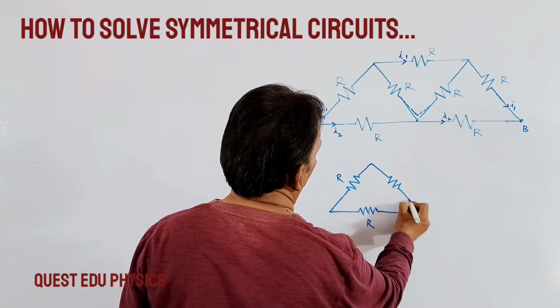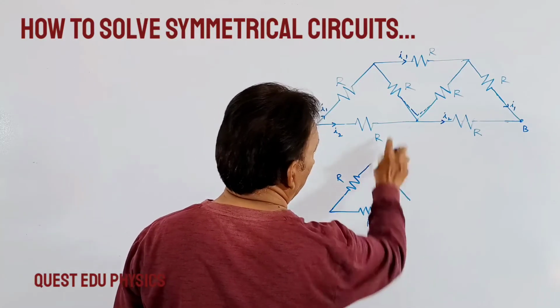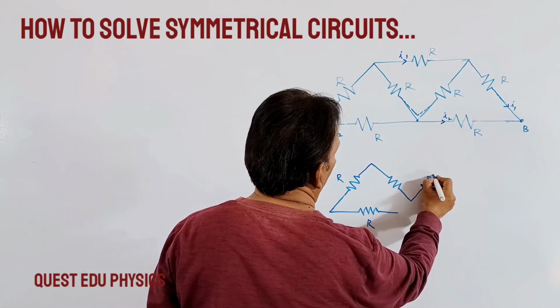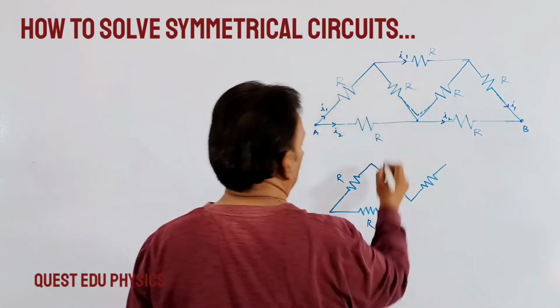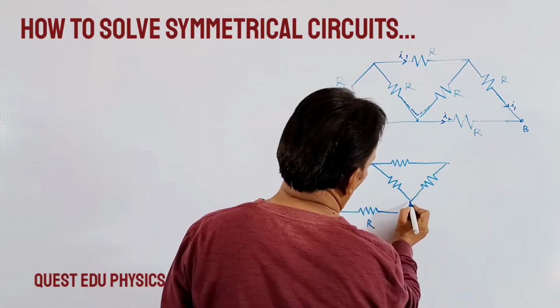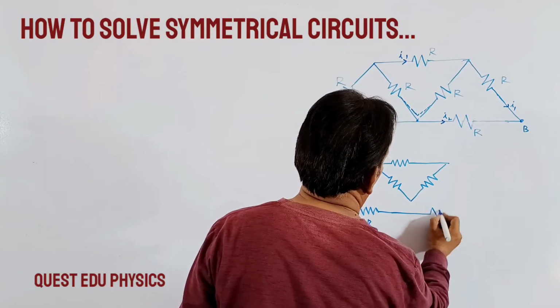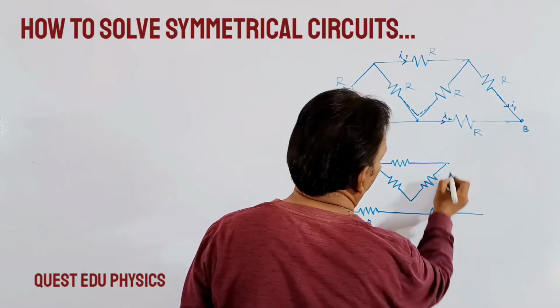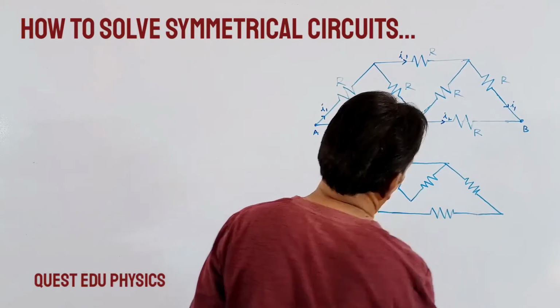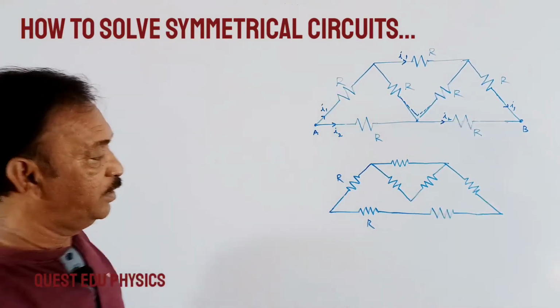And this one, which is removed from this point. And it is the same resistor here. Okay, students, and it's going in this way. Okay. The circuit being completed.